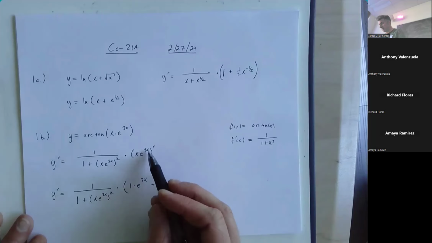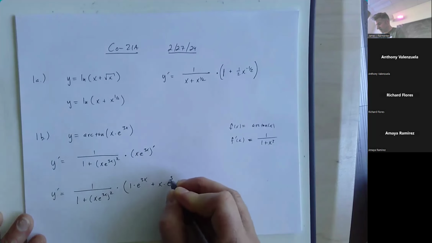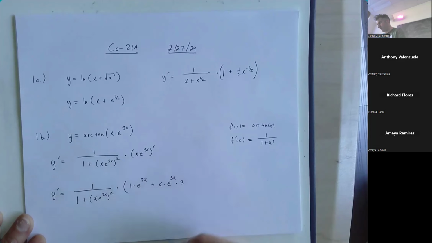The derivative of e to the stuff is e to the stuff times the derivative of the stuff. So the derivative of e to the 3x is e to the 3x times 3. And yes, you could write that in the numerator if you wanted to. I personally wouldn't, just because I usually like to think of the derivative of the stuff coming at the end of the derivative, but perfectly fine to write it on top as well.